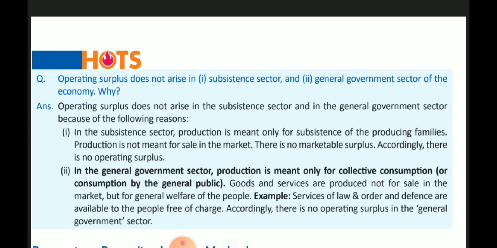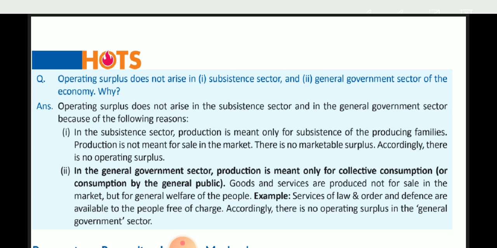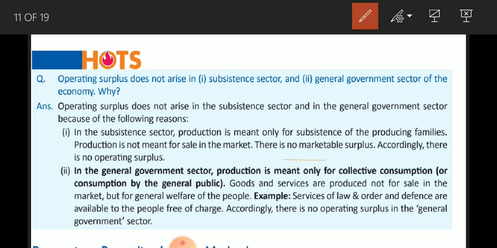First of all, you need to understand the meaning of subsistence sector. When a producer is producing something that is only able to fulfill the requirement of his or her family, then it is known as a subsistence sector. That is why it is not able to produce marketable surplus, and this is why it is not considered as an operating surplus.